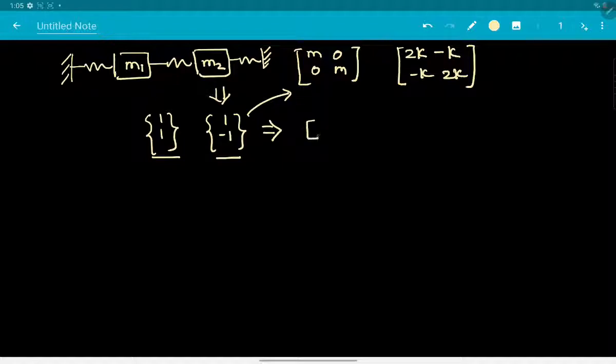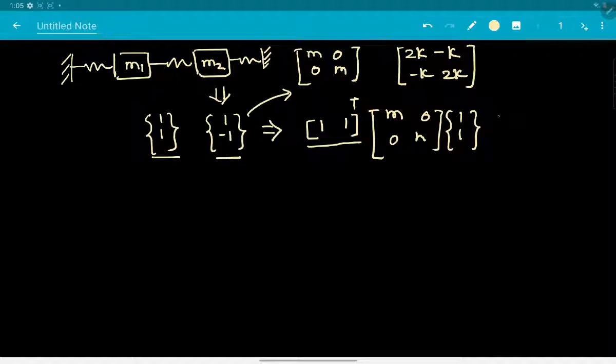So what are these mass normalized mode shapes? Let's say you multiply by 1 1, and let this be m 0 0 m; this is 1 1 transpose, that is the transpose of the first mode shape. Then you have the first mode shape over here, and that gives you 2m. So what we have done is we multiplied this mode shape 1 1 by 1 over square root of 2m.